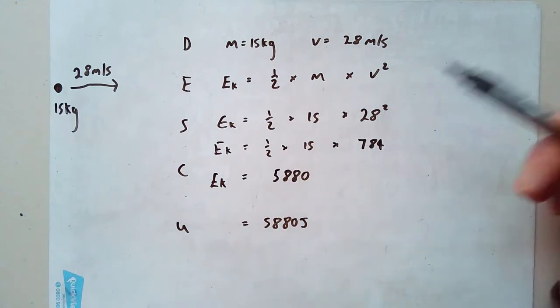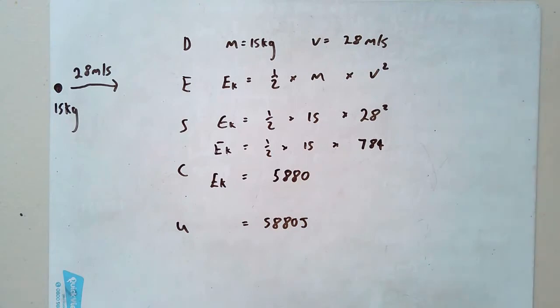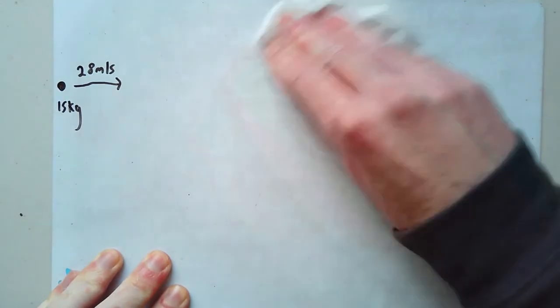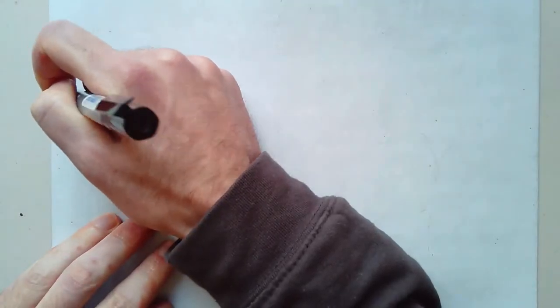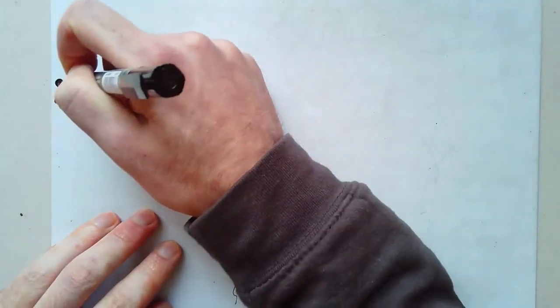Let's say then I've got a ball whose mass is 4.3 kilograms. I don't know how fast it's going, but I know in terms of its energy it's got 3,760 joules.